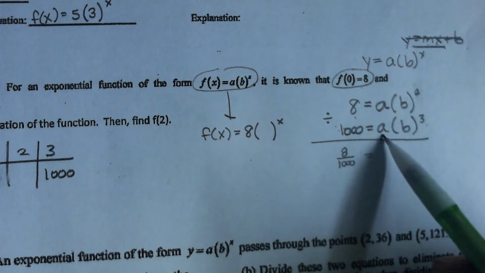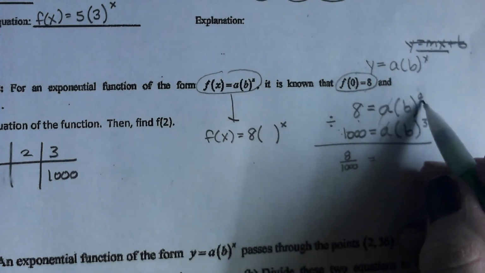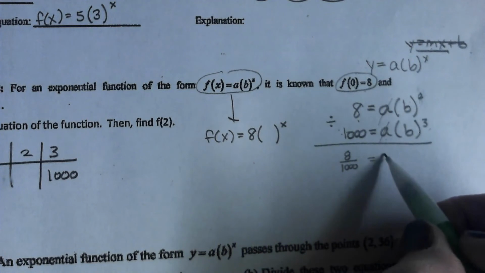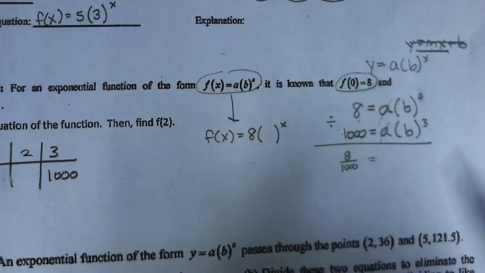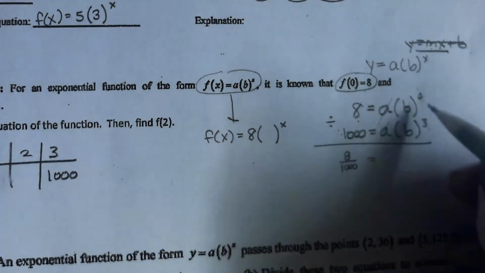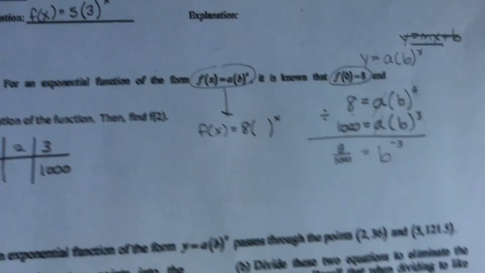Cancels, right? A divided by a just cancels. What's b to the 0 divided by b to the third? What's the exponent rule? If you're dividing common bases, what do you do with the exponents? So what's 0 minus 3? B to the negative third.